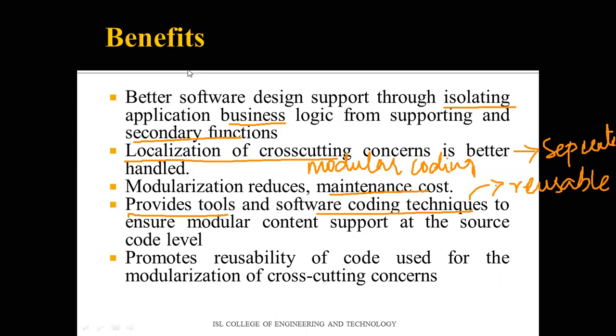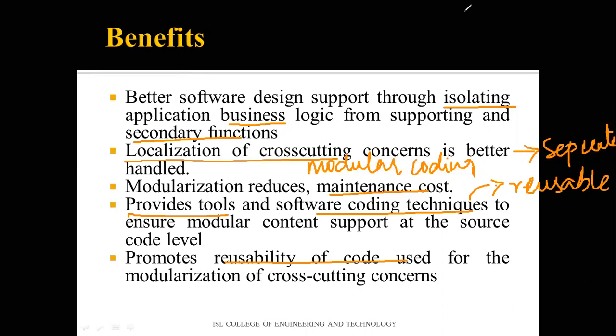That is, it is going to provide you with different types of tools. For C++, you've got a different tool. For Java, you have a different tool. For .NET, you've got a different tool. For XML, you've got a different tool. These different tools have got different techniques so that it can ensure the best modular content is being produced. And it promotes the reusability of code used for modularization of the cross-cutting concern.